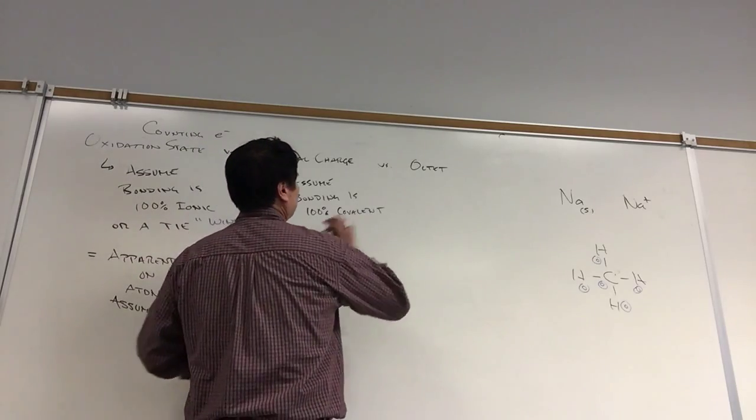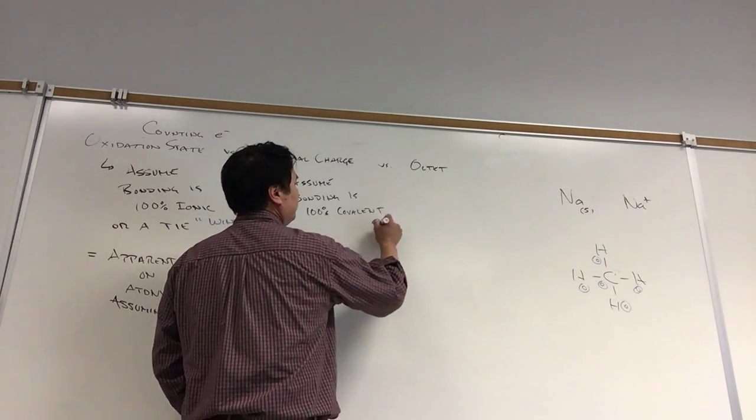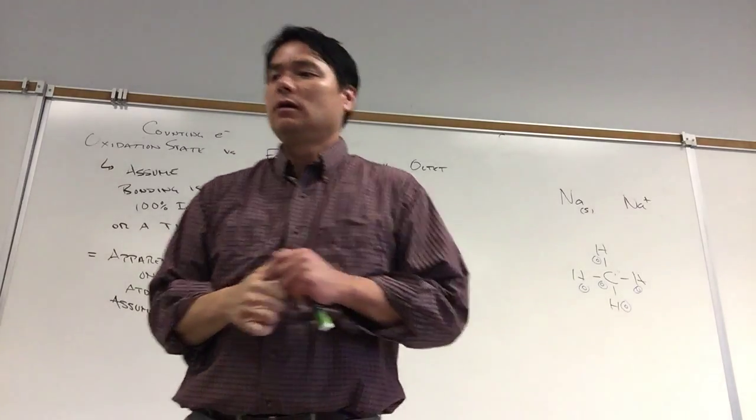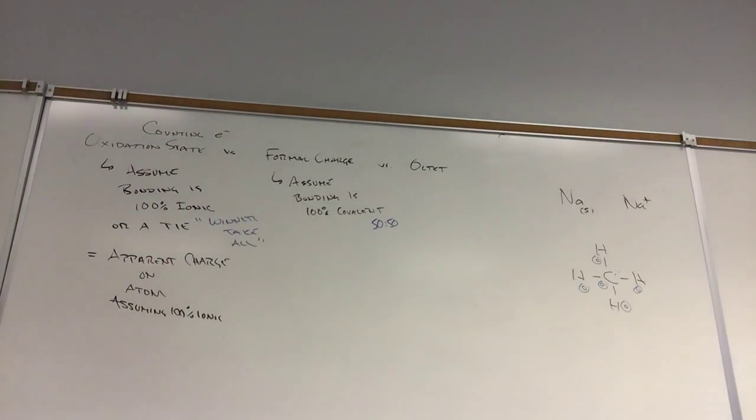When we assume the bonding is 100% covalent, it's 50-50 sharing. And so even though an atom might be more electronegative, like oxygen versus hydrogen, if you had a tug-of-war between oxygen and hydrogen, oxygen should win because oxygen is quite electronegative. But when we assume 100% covalent, oxygen is going to share 50-50 with hydrogen.